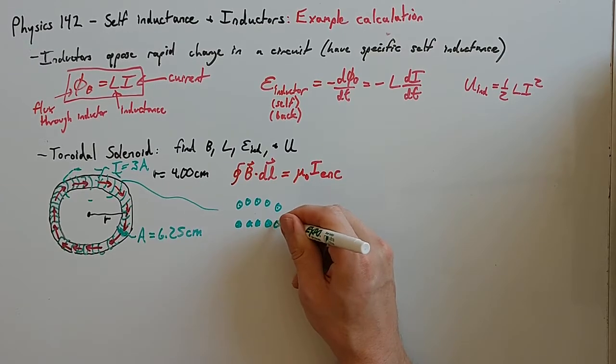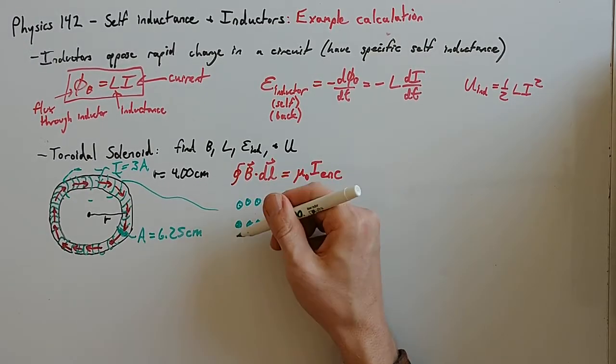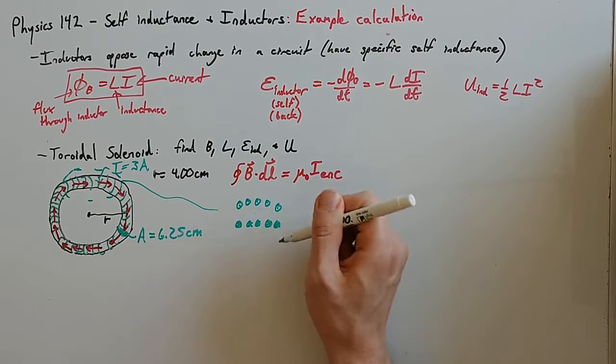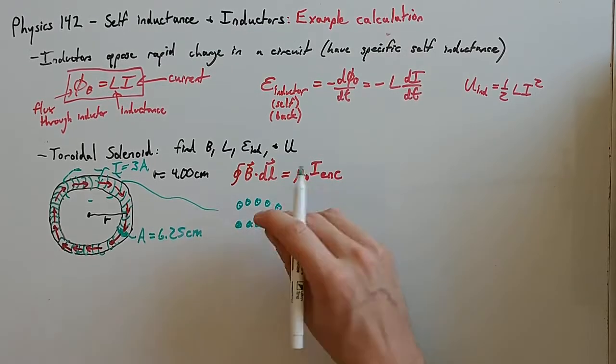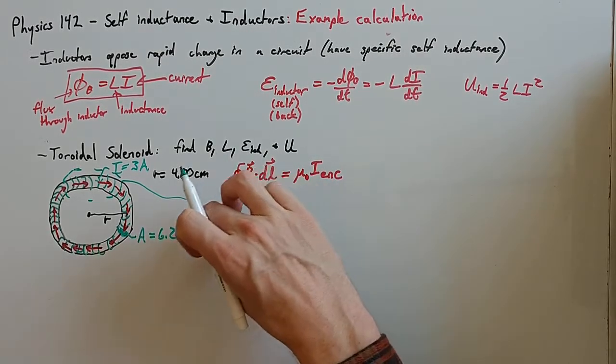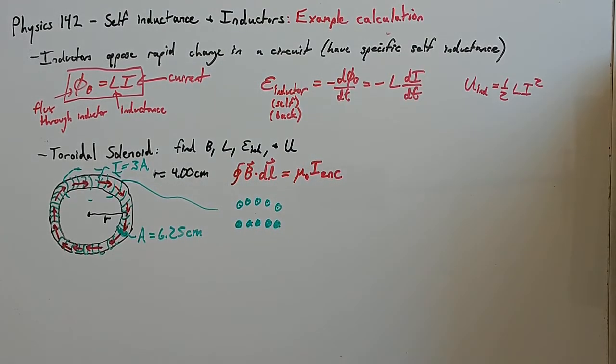Maybe that's a little difficult to see, but each of these current loops comes out of the page and then goes into the page. That's what each current loop is. And if I did this right, this would have some nice curvature to it.